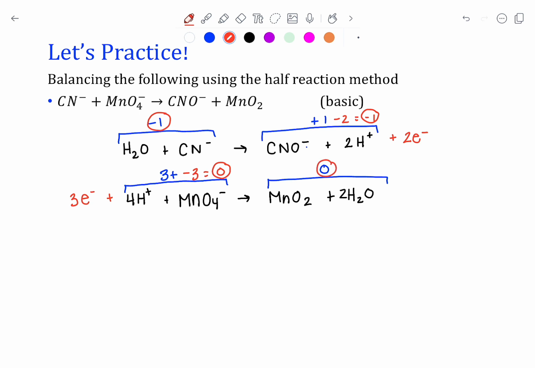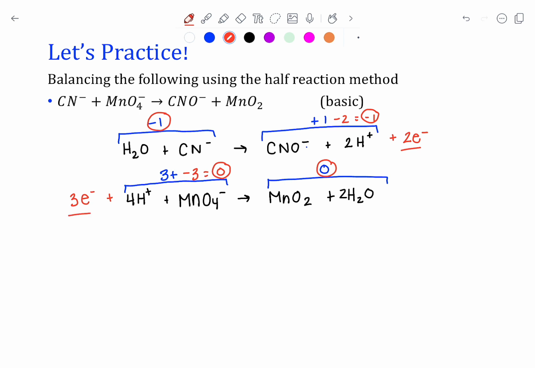Okay. Now that we have 2 reactions that we have to worry about, we have to go into our next step, which tells us that we have to multiply our 2 equations so that the number of electrons are equal. So our LEO and our GER have to equal each other. Well, in our first reaction, we had 2 electrons. In our second reaction, we had 3 electrons.